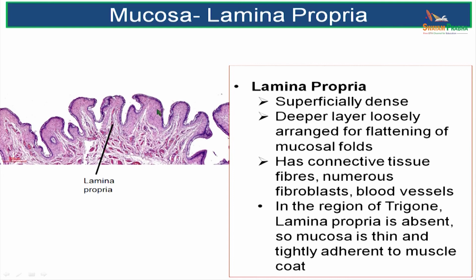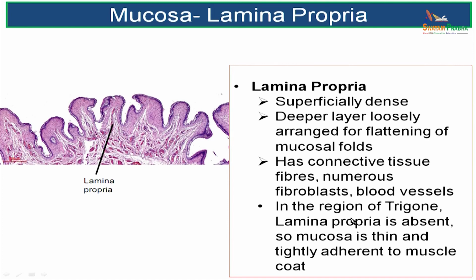Next to the epithelium is the lamina propria. Superficially it is dense. The deep layer is loosely arranged. Why is the arrangement like this? This is for flattening the mucosal folds. What does lamina propria contain? Like any other area, it has connective tissue fibers, numerous fibroblasts, and blood vessels.